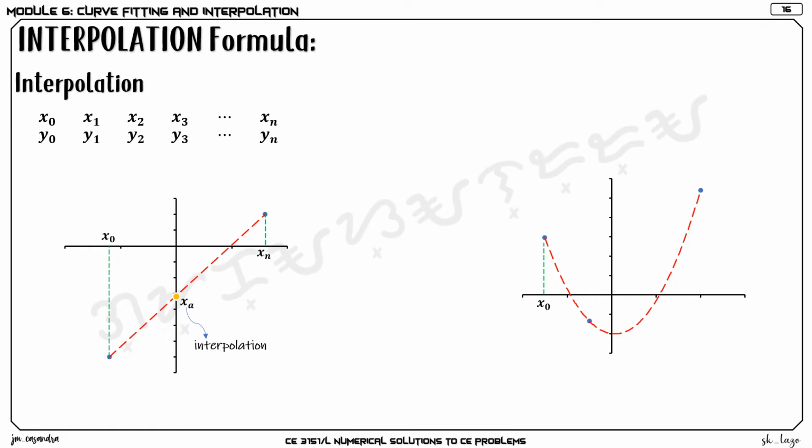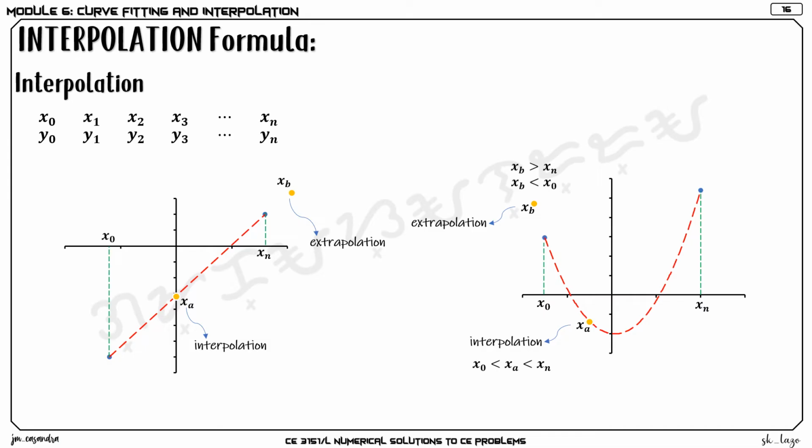And for the curve, we'll have likewise x sub o and x sub n, which would define the boundary of the curve, and point x sub e will also be interpolated. A point x sub b is determined through extrapolation, which is defined as the process of determining a point outside a curve or a line.